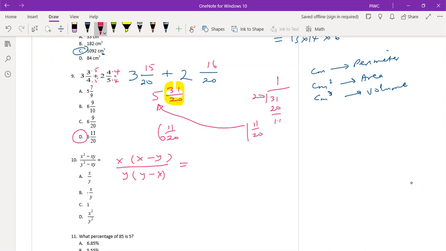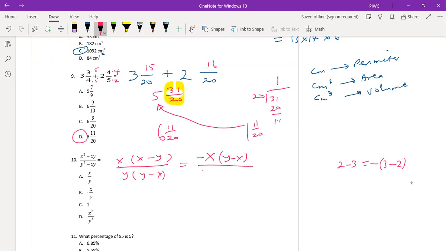So what we're going to do, we're going to switch the positions of X and Y. But once you switch, it becomes the opposite. Remember, I said if I have 2 minus 3, it's the same as 3 minus 2, but then you take the negative of that. So the same thing here. If I switch Y and X, if I make Y minus X, I have to take the negative of the whole thing.